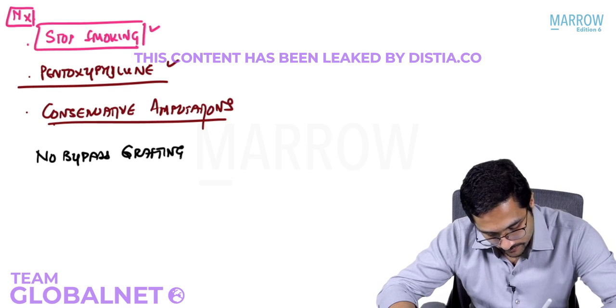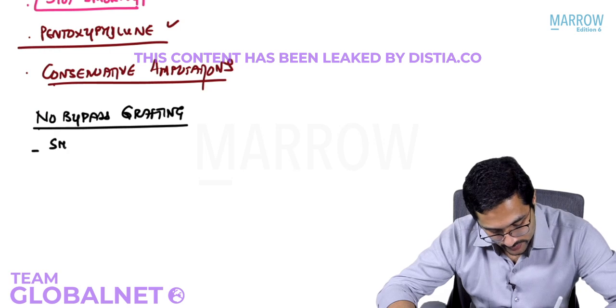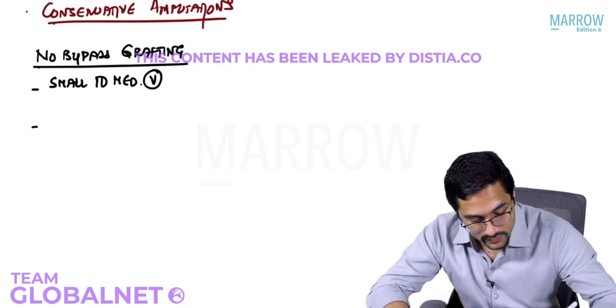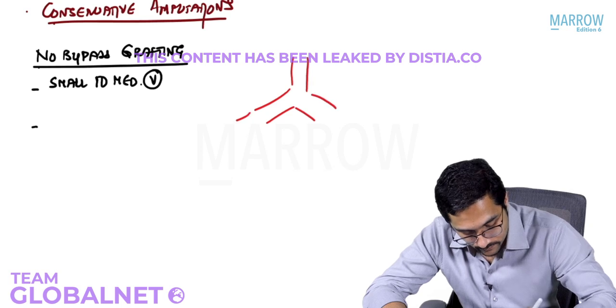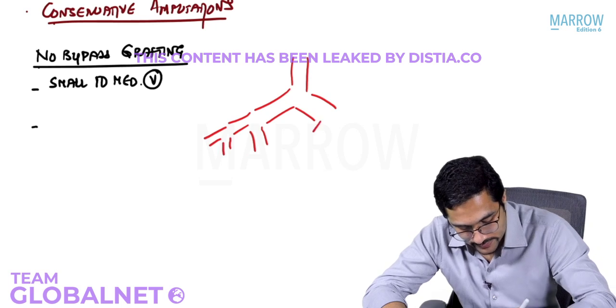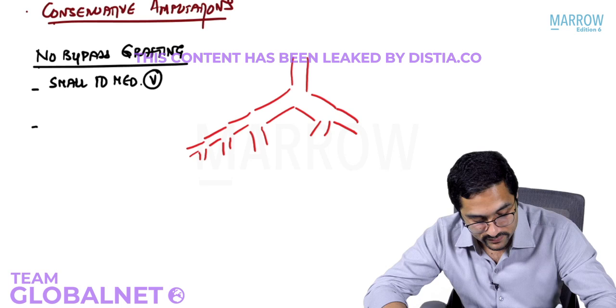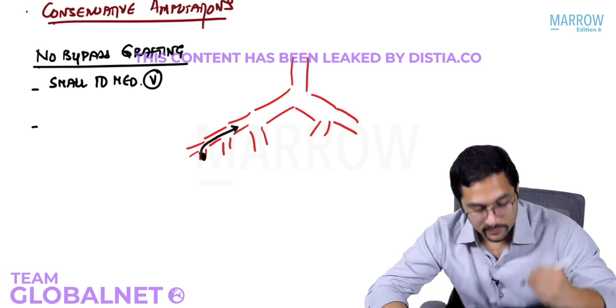Now, no bypass grafting is possible in patients with Buerger's disease. Why? Because it is involving small to medium vessels. The caliber is very small, and if we draw a simple diagram here, you can see that on this side is Buerger's disease, right? So Buerger's is involving these very small vessels, and it is spreading from distal to proximal.